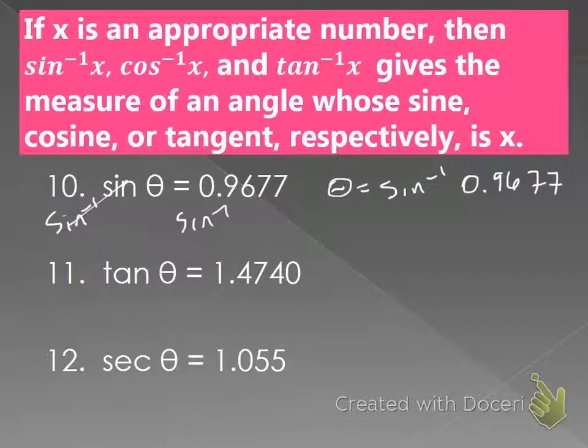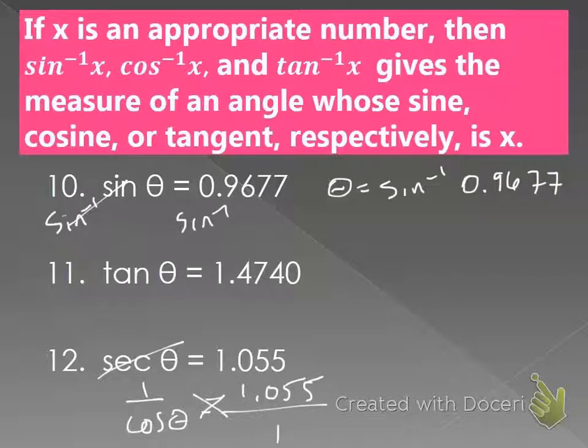We've got to bring that back up here because, again, we don't have a secant function in our calculator, and we can't hit second secant. So what we do is that, again, we understand that secant theta is the same thing as 1 over cosine theta. And I'm going to make this into a proportion by putting the 1.055 over 1. And then we can talk about just solving here.